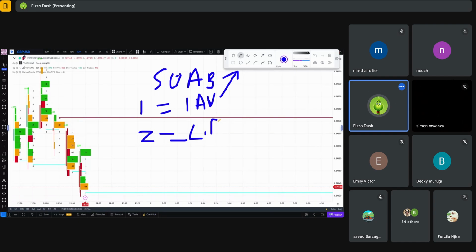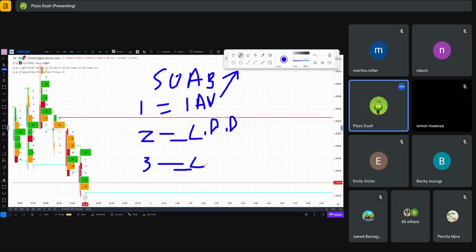The reason I said large is that we said 10 is not large, 10 is neutral. And finally number 3, large stacked buy imbalances. If they are stacked imbalances, make sure they are on the buy side, so you know buyers are dominating.